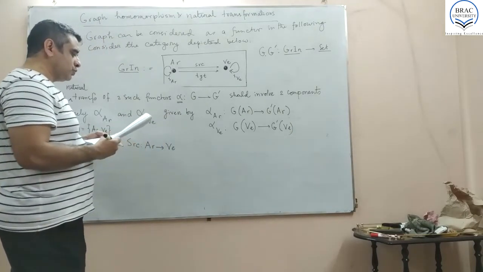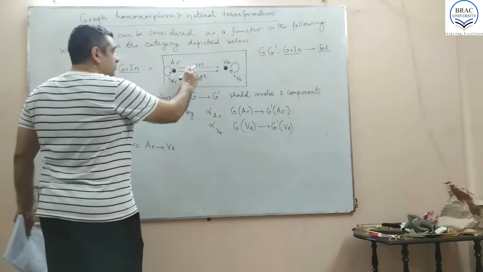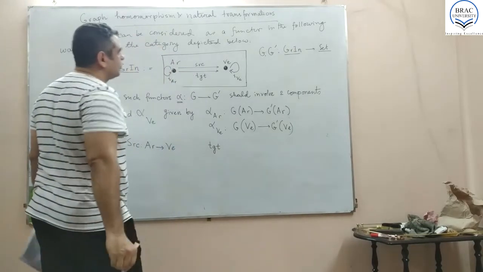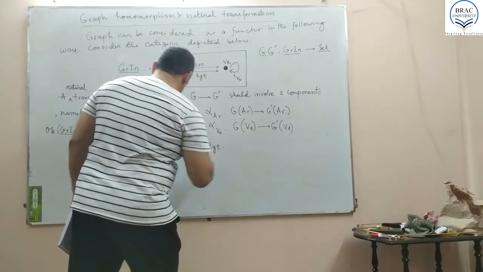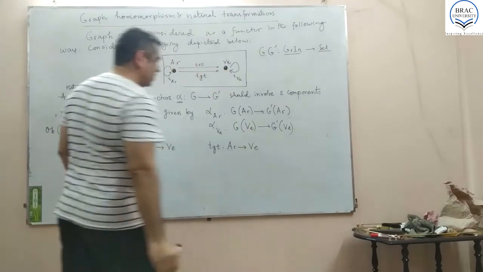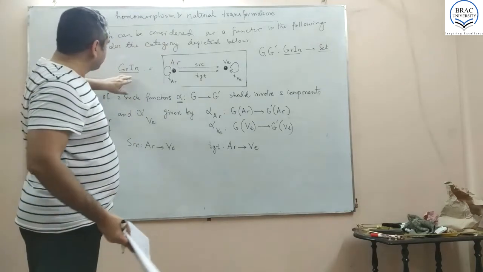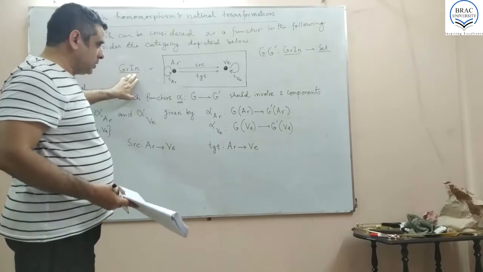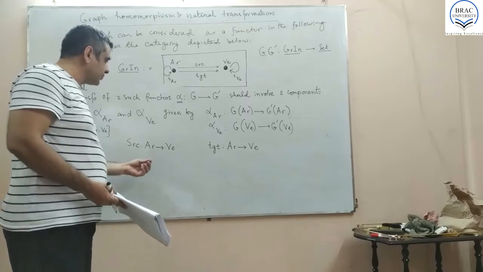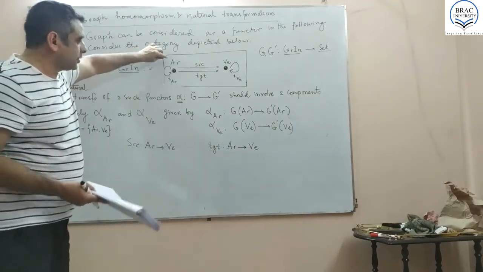And we can also choose the morphism TGT from AR to VE as well. So these are two morphisms in this domain category, the graph indexing category, and we are going to construct the two naturality squares associated with these two morphisms.